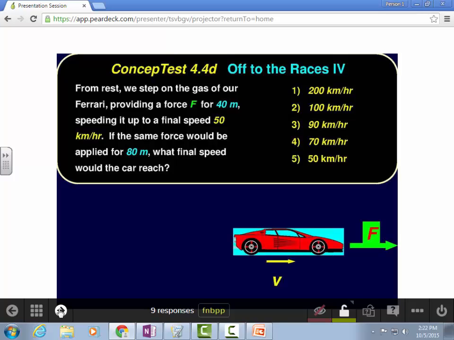Yeah, proportions is an issue. All right, I'm going to call time.